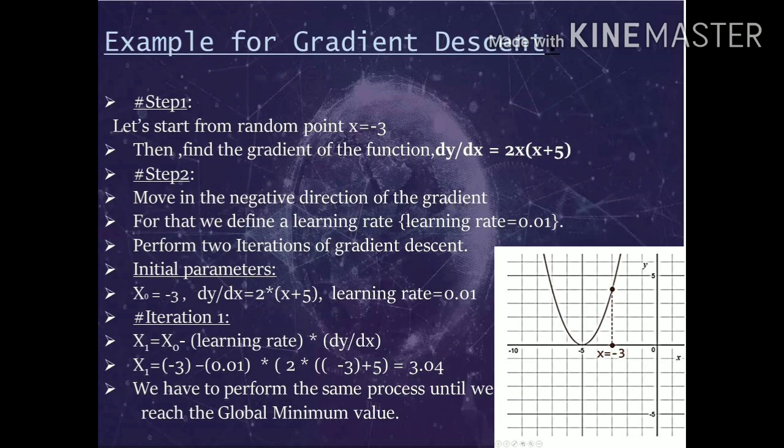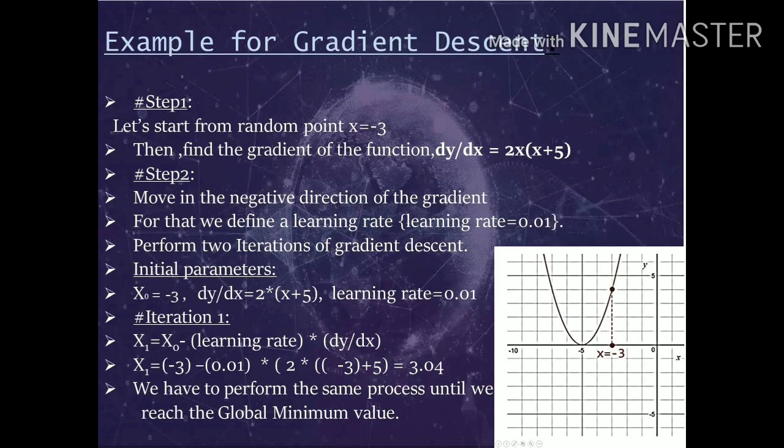And for that, the initial parameters are x naught equal to -3, dy by dx equal to 2x plus 5, learning rate 0.01, and the first iteration is x1 equal to x naught minus learning rate into dy by dx.